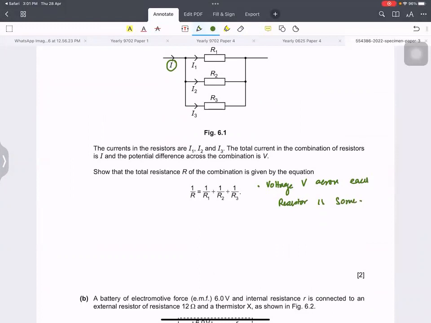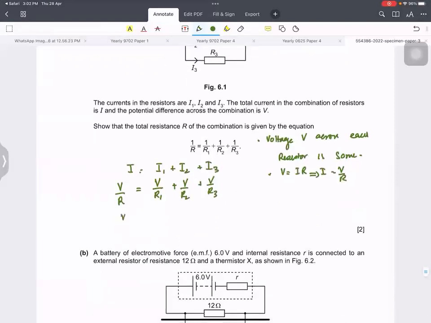So then I would write I will be equal to I1, I2 plus I3. Now, since you know V is equal to IR and I equals V upon R, so V upon R equals V over R1 plus V over R2 plus V over R3. Then I would write it like this.